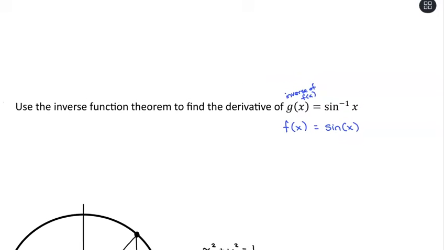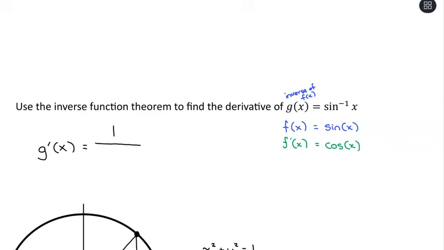So if I want to understand the derivative of inverse sine of x, so if I want to take g prime of x, using our rule from up above, we'll go 1 over, and then I need my derivative function. So if f of x is sine of x, then f prime of x is cosine of x.